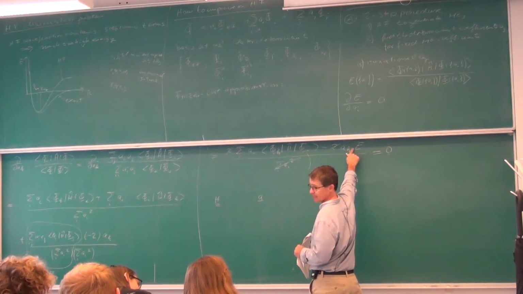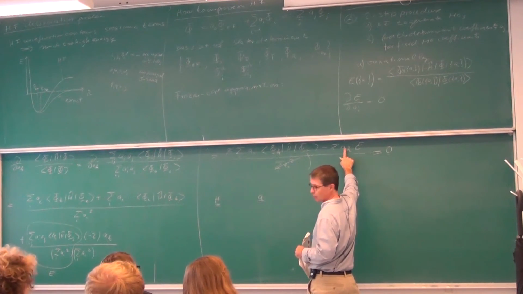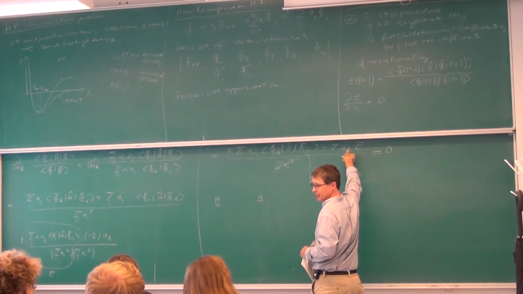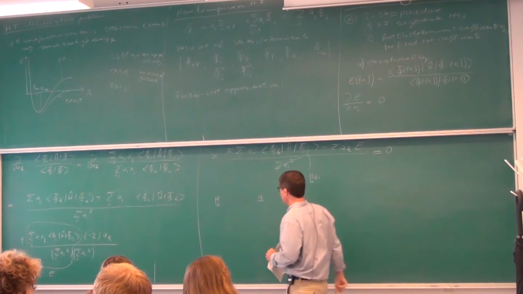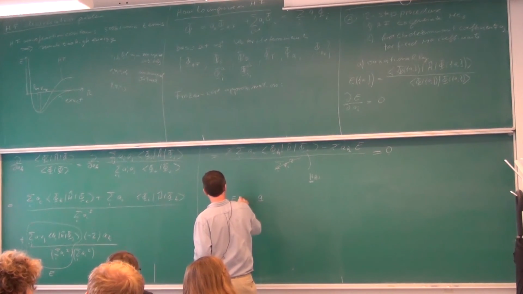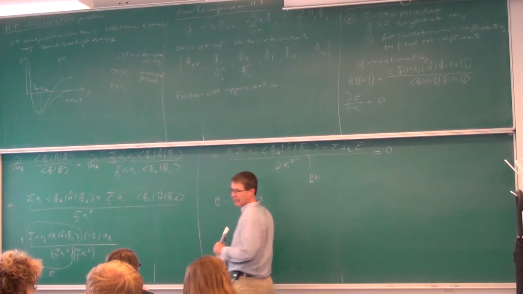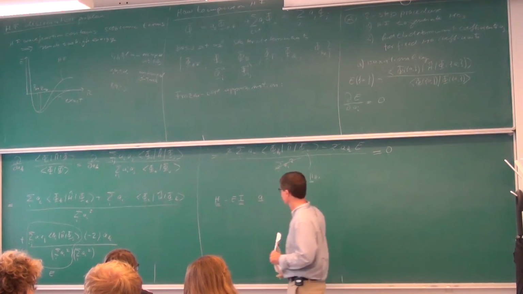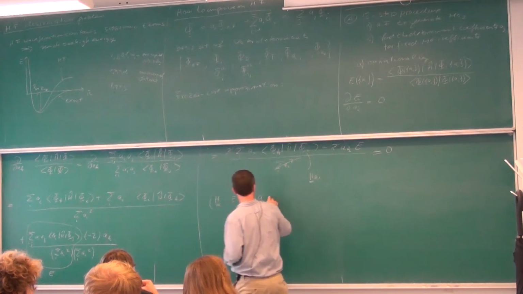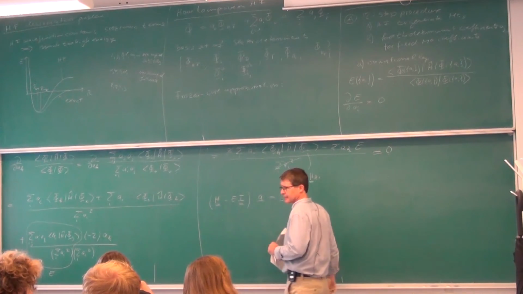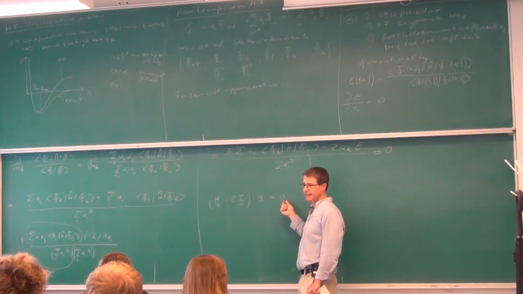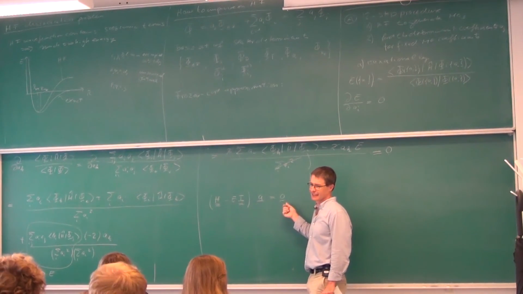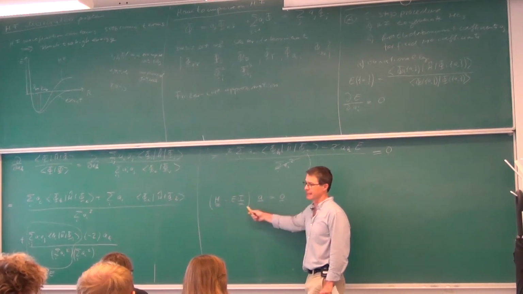Then I have this thing here. Here I have only a particular one, but I still want to squeeze it in my matrix, so I better write the energy times a unit matrix. And that's the zero vector. So what we did, like always, we ended up in a matrix equation.